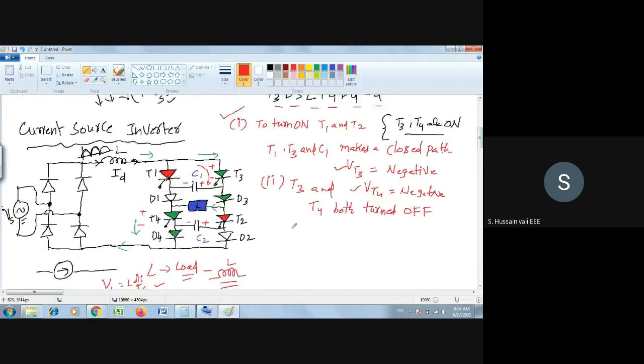The status is that T1 and T2 are on, and D3, D4 are on. Why are D3, D4 on? You must understand why they are turned on. What is the reason that they are turned on?